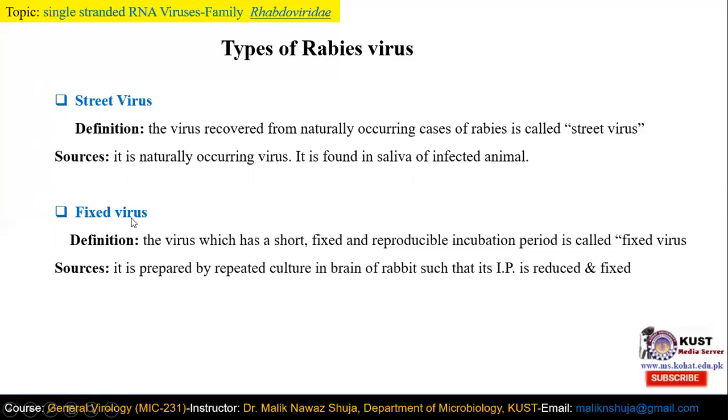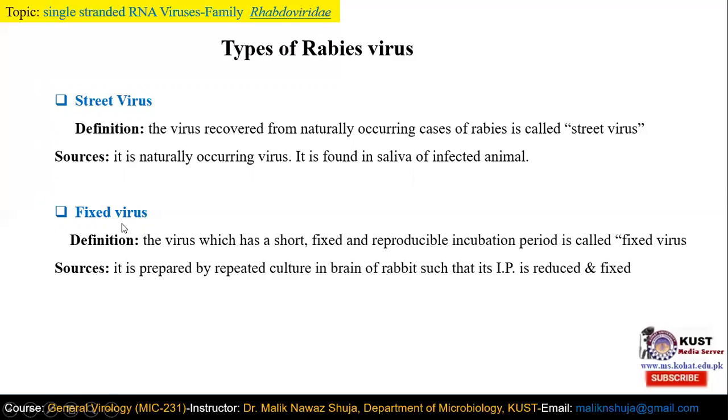On the other hand, we have a fixed virus. Fixed virus is a virus in which the virulence, the pathogenicity, has been fixed. This is basically a laboratory virus, so it has a short, fixed, and reproducible incubation period.